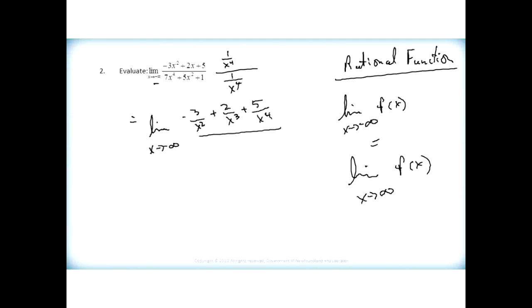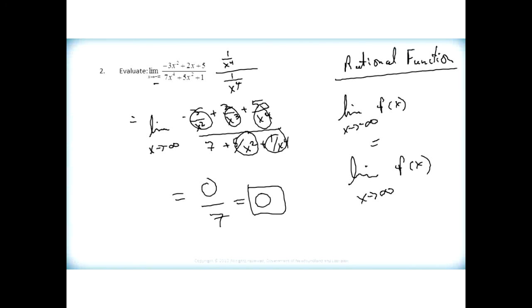And it looks like no matter what's happening down on the bottom, as long as it just gives us a 7 there, and we end up here with 5 over x squared, 1 over x to the power 4, none of that really matters. It's all a moot point. All of this stuff is 0, so I get a numerator of 0 and a denominator of 7, so we're headed for a value of 0 here. One way or the other, doesn't really matter.